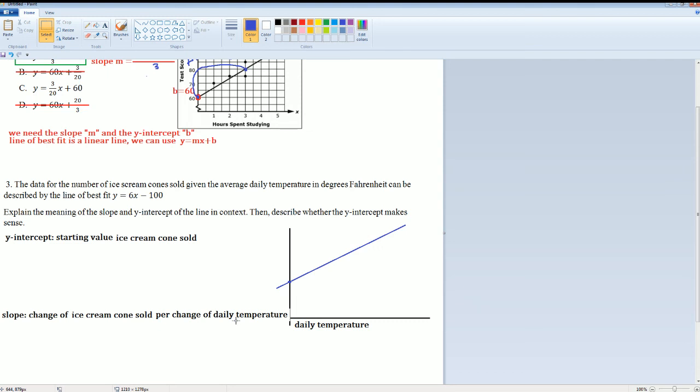But notice how I'm answering. I'm using the definition of the word, and I'm just inserting the units from the problem into the words. Use the definition like a sentence stem, and just fill in the words based on the context of the problem.